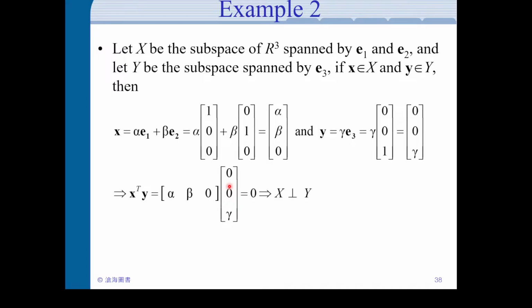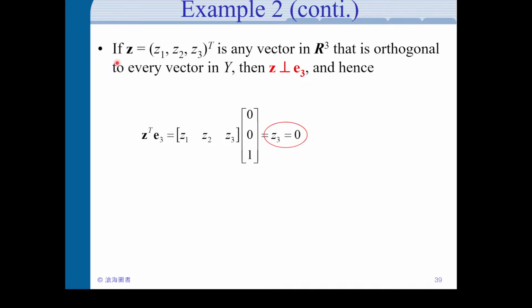Here we proved that the z-axis is a subspace orthogonal to X. And we can also show that the z-axis is everything that's orthogonal to the xy plane. So now if you want to check every vector, the important thing here is every vector.